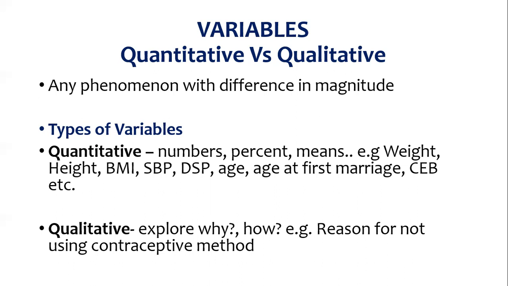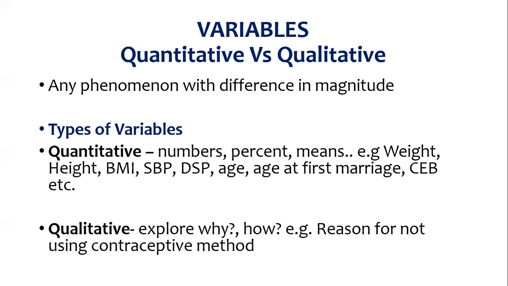And we have two types of variables. We have variables that we can quantify and variables that we can just explain. For examples of variables that can be quantified, I've mentioned two of them already. When we talk about numbers, percentages, means, those can be quantified.